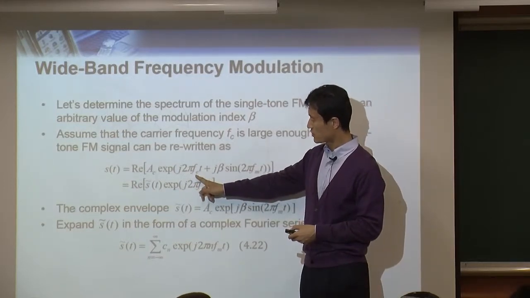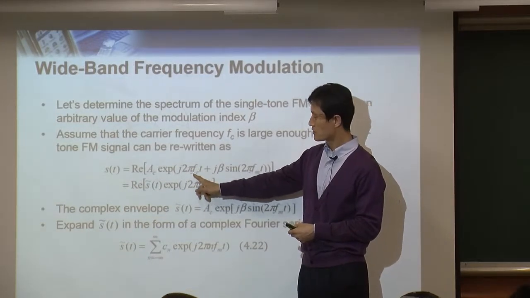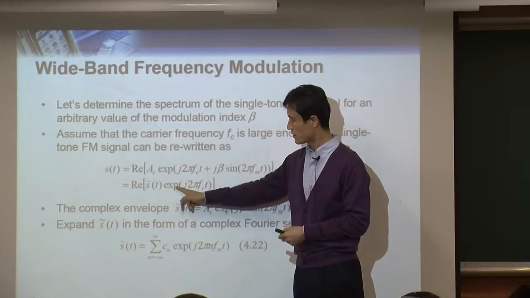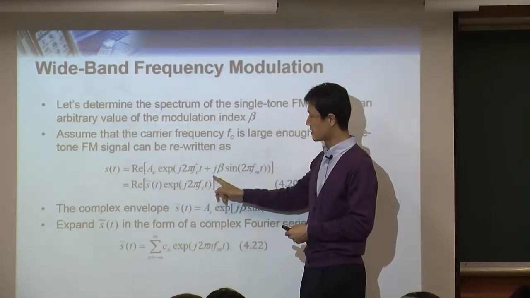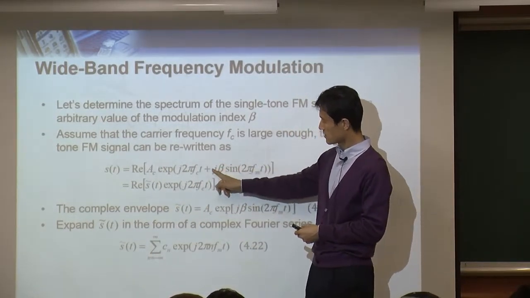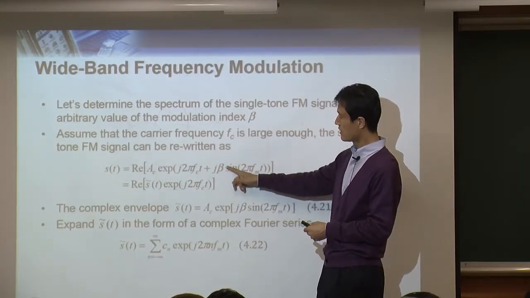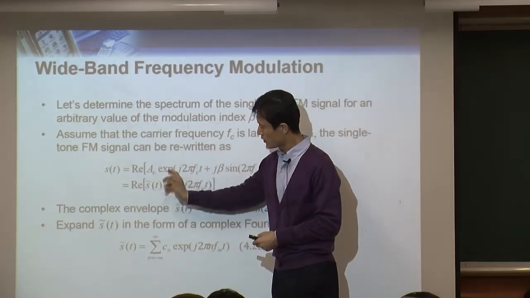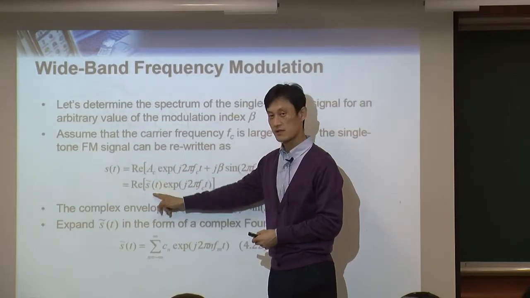The first one is a function of fc. This is the carrier component. So the carrier component goes here, and Ac times the exponential of j beta sine. This part we put all together as s tilde.